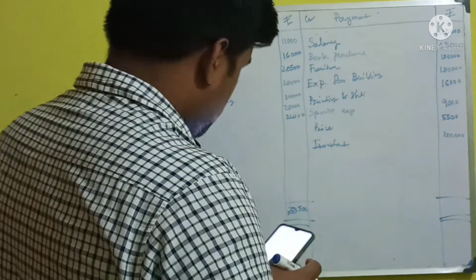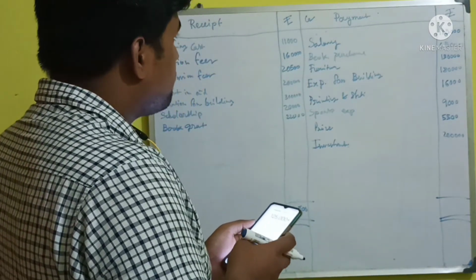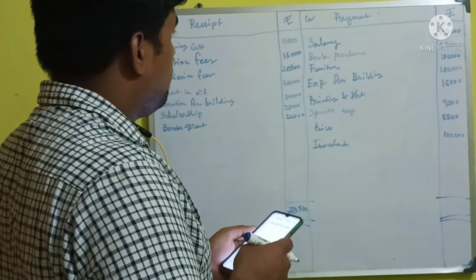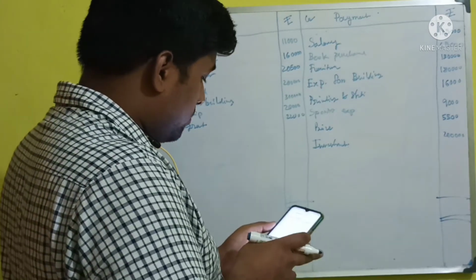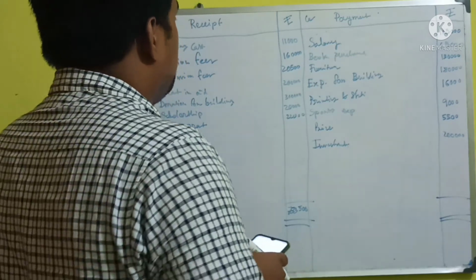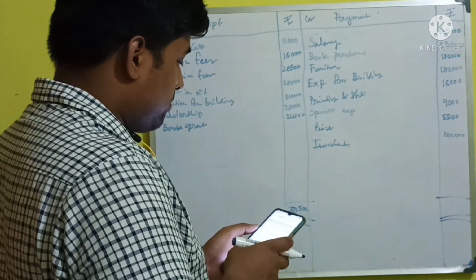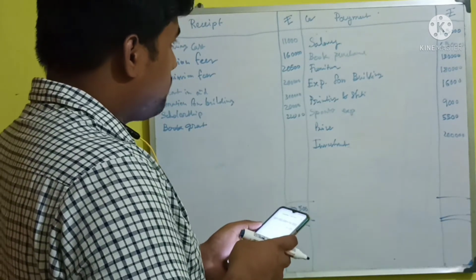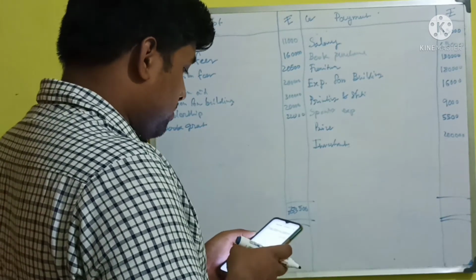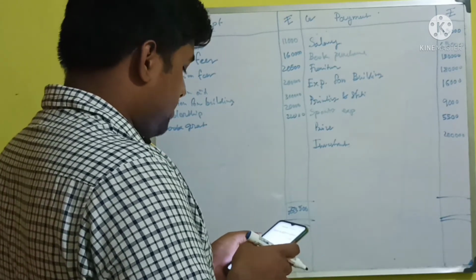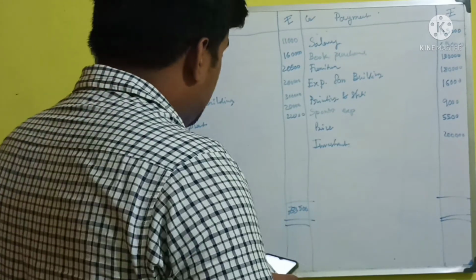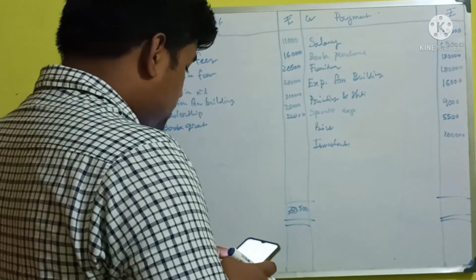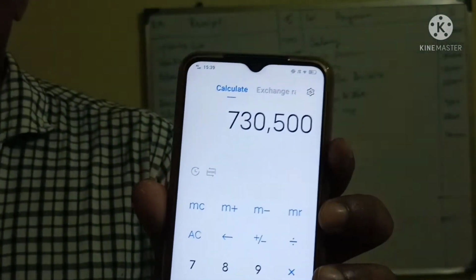The salary amount is 1,25,000. 65,000 is the book purchase amount, and the furniture cost rupees 1,30,000. Expenses for building 1,80,000, and printing and stationery 16,000. Sports expenses 9,000. Prize rupees 5,500, and investment rupees 2 lakh. It is showing rupees 730,500.